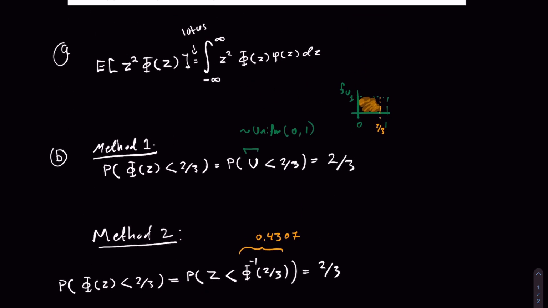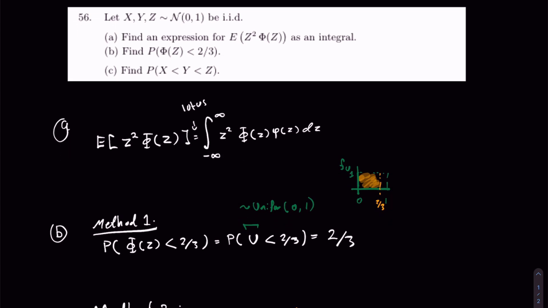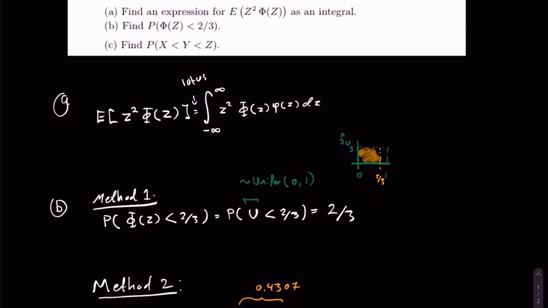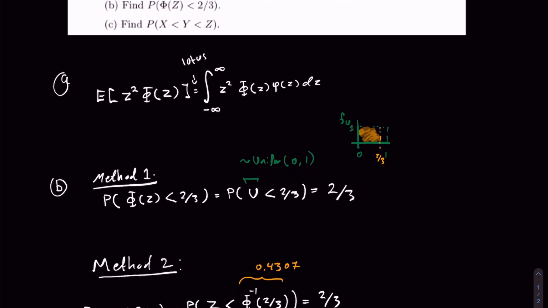All right. So the last question is about finding the probability of this event, which looks fairly complicated.